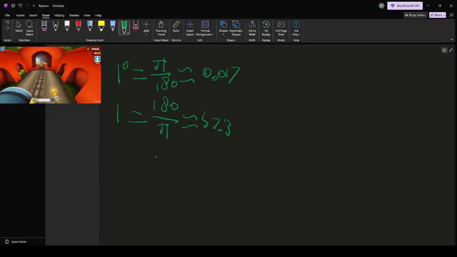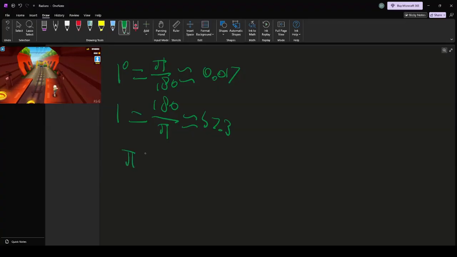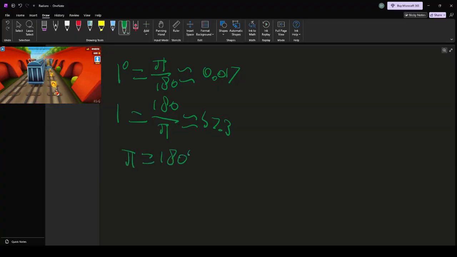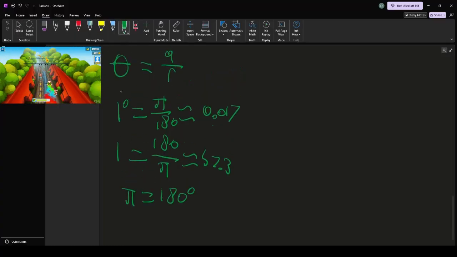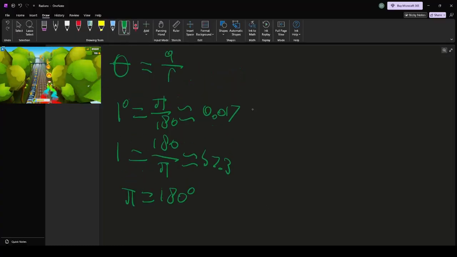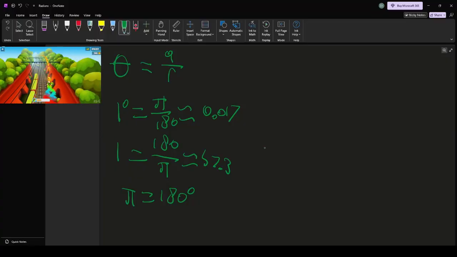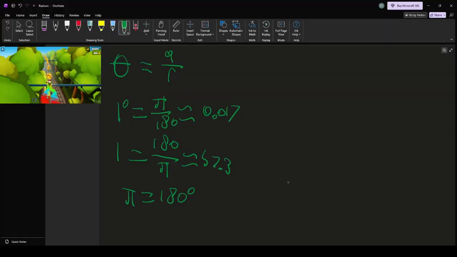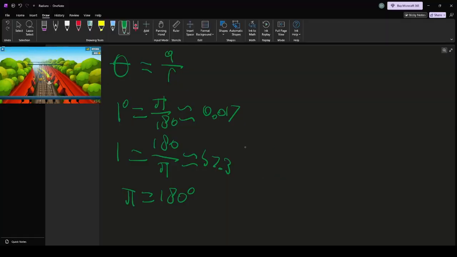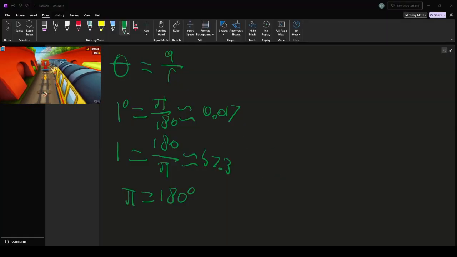And gotta remember that pi radians equals 180 degrees. That's your summary right here. Pretty simple when you boil it down. These 4 different things. You use these two to convert from radians to degrees and degrees to radians.